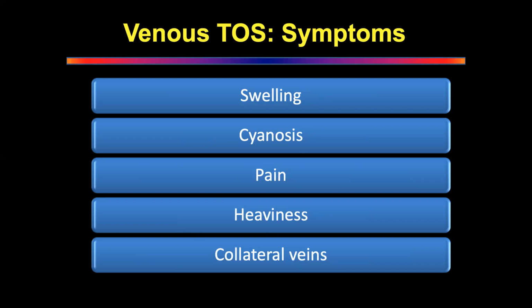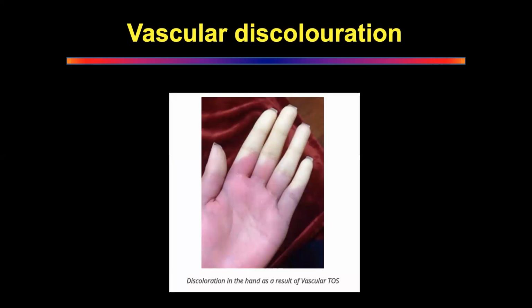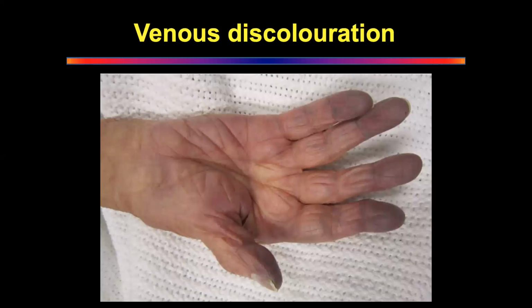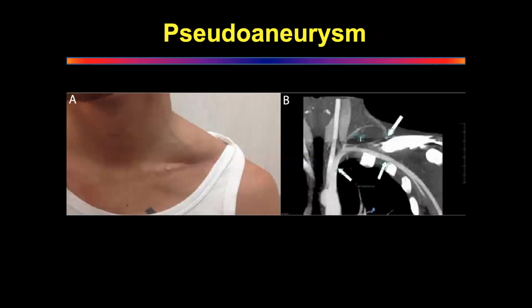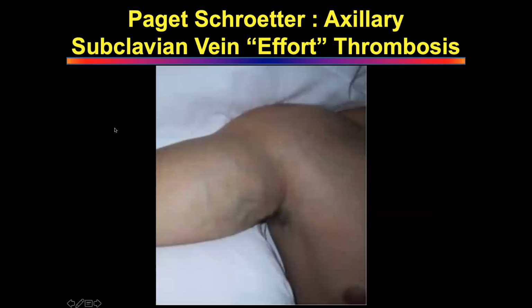Quite important. So this discoloration, see this? This is very classical of venous. So you must look for that, or you will get these sort of venous discoloration in the periphery. Then you might get this throbbing. I don't know if you can see clearly, but there is a swelling here, and that is evidence of post-stenotic dilatation.